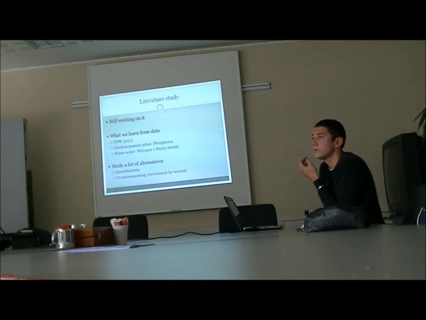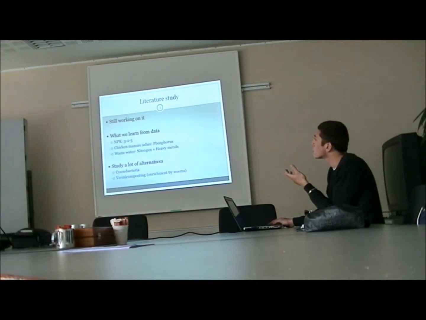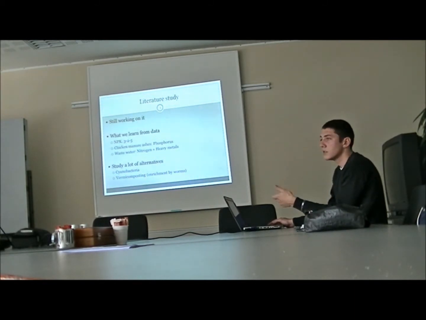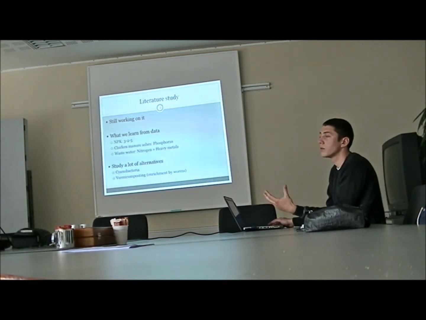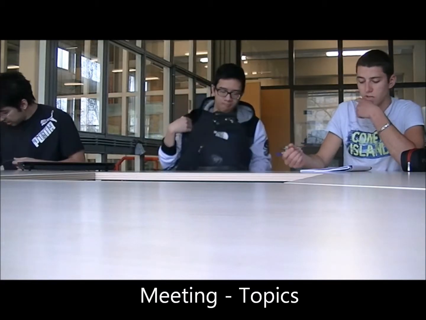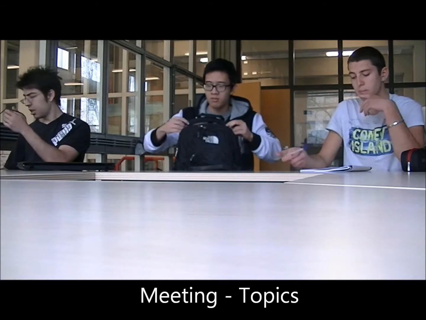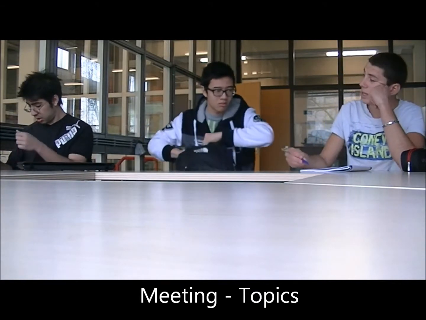So it could be nice to enrich the compost actually. We looked at a lot of alternatives in the literature study, but we found out that the lemna is the most useful.